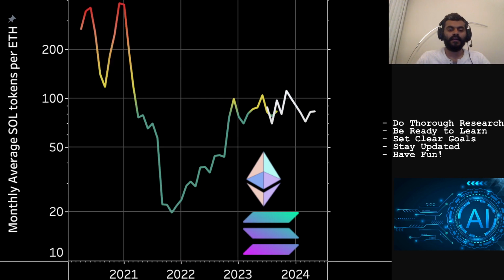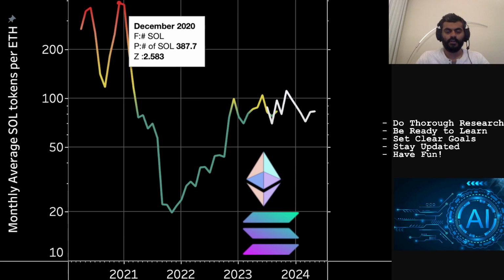The dark red territory is where Ethereum is overvalued against Solana, that is, you're getting more and more SOL tokens for selling one Ethereum. That is a characteristic of Ethereum being overvalued.